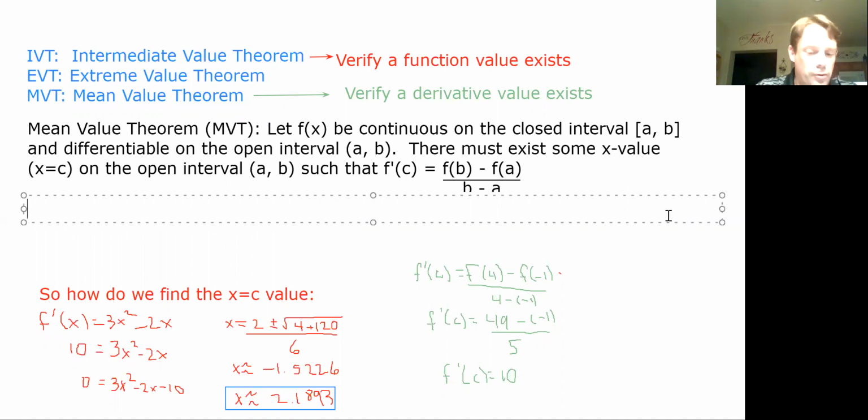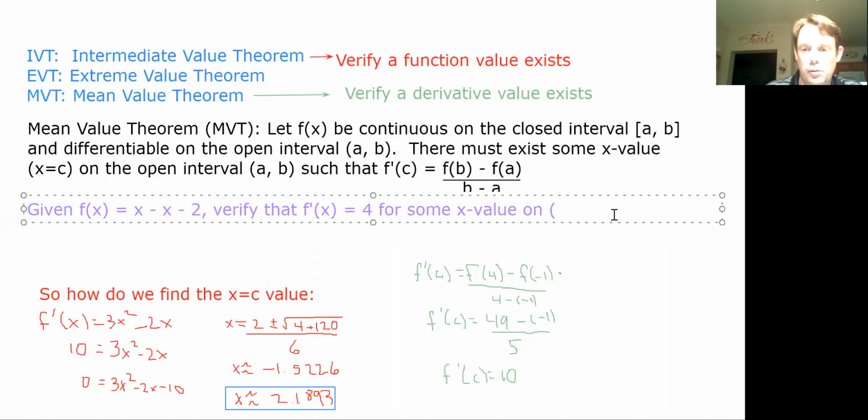What I want you guys to do is, given f of x equals x to the 4th minus x squared minus 2, verify that f prime of x equals 4 for some x value on -1 to 2.